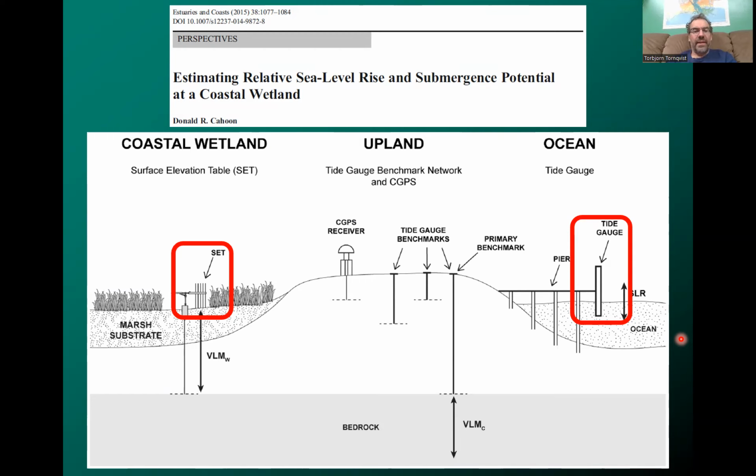One thing we'll see is that even though this has been very useful, there are some pretty significant limitations to this approach, and we're now at a point where we can potentially advance to something that is more sophisticated and more data rich.